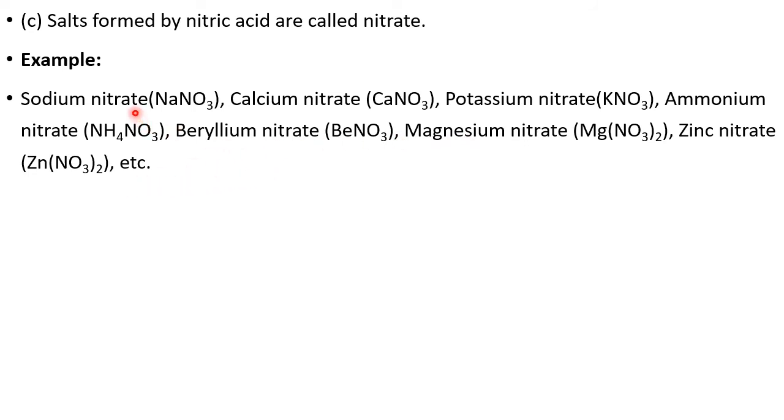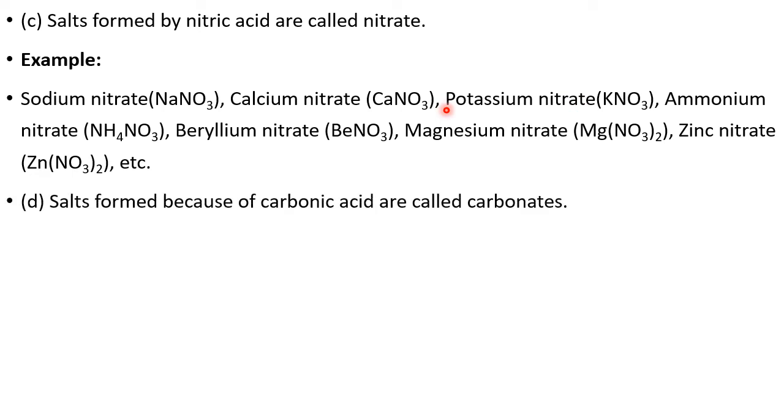Sodium nitrate is formed from nitric acid with NaOH. Zinc nitrate is formed from nitric acid with zinc hydroxide. So this part is fixed. NO3, NO3, NO3, NO3, because all these are formed by taking nitric acid with different bases.